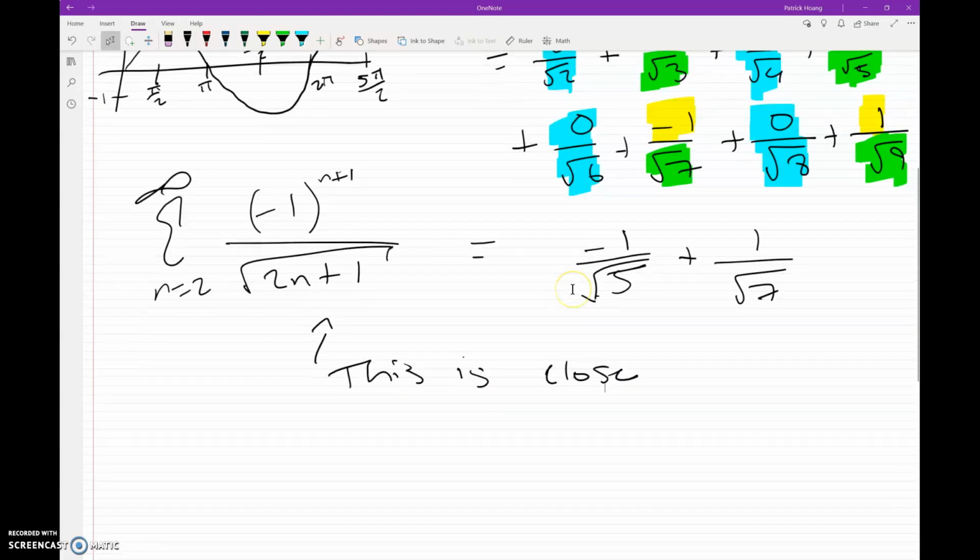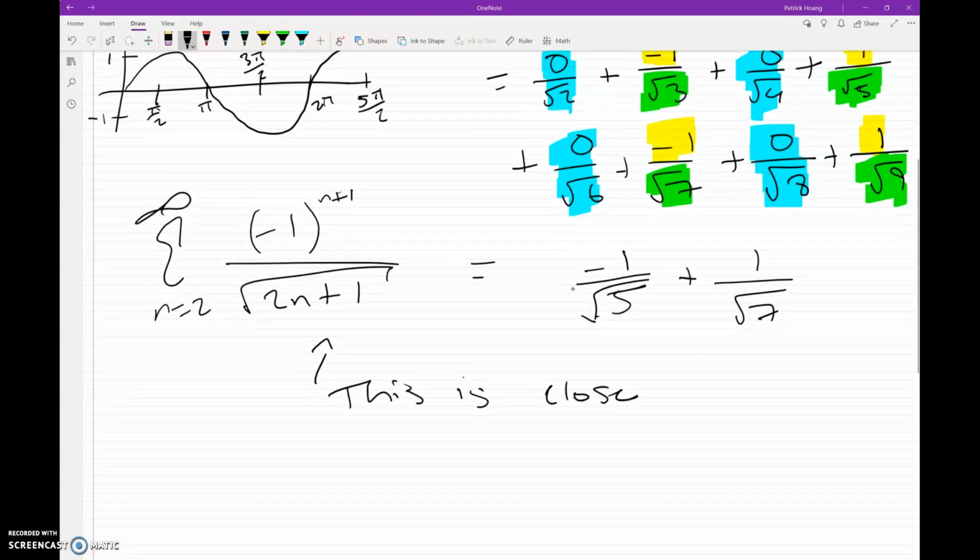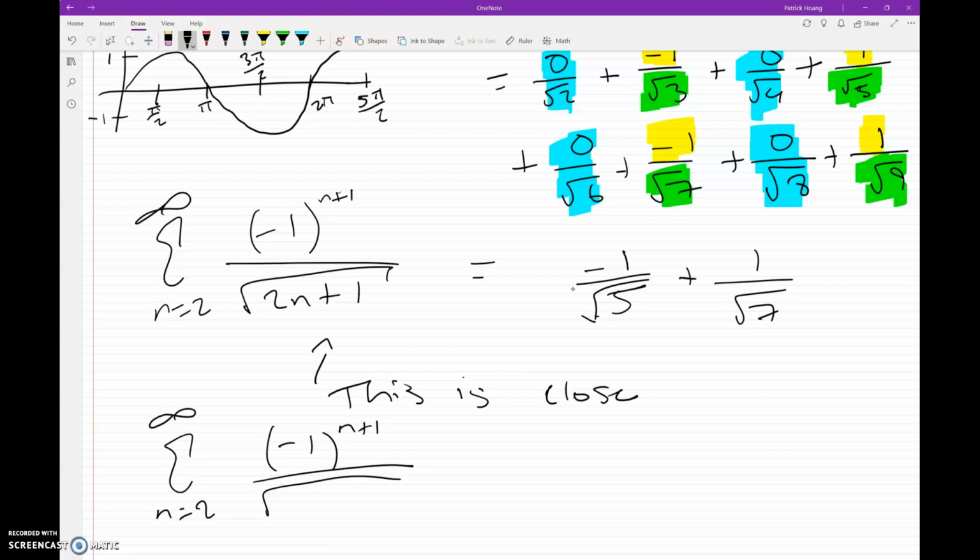Let's try making a slight adjustment this way. So we're still summing from n is equal to 2 to infinity. Our numerator worked out. We don't have to change anything in our numerator. What about the denominator? One thing I'm going to try is shifting our value of n.